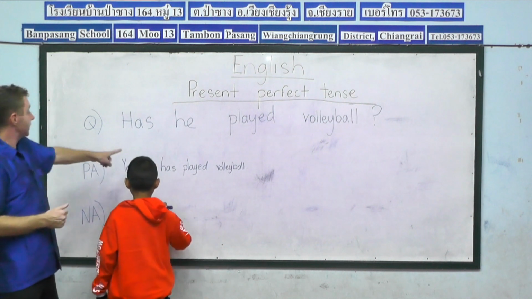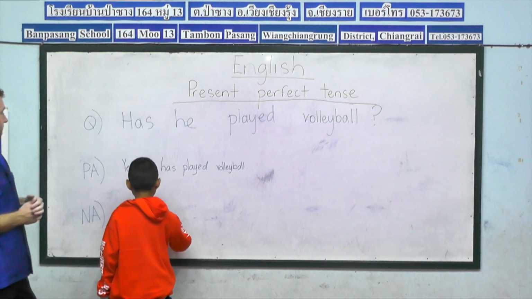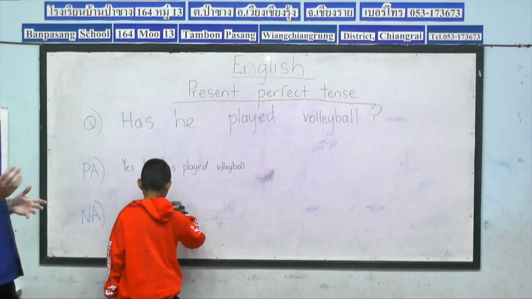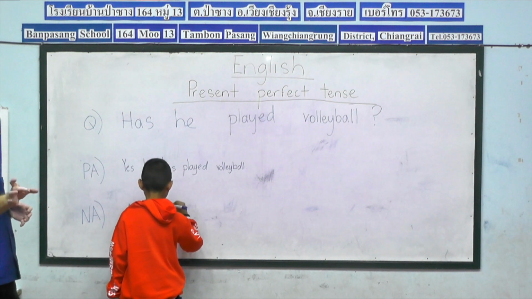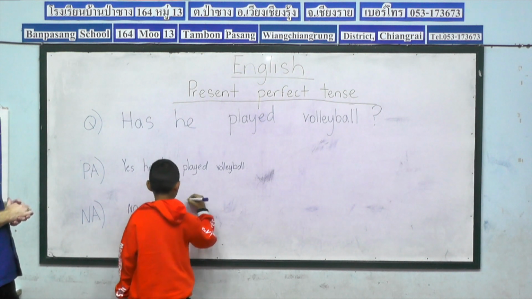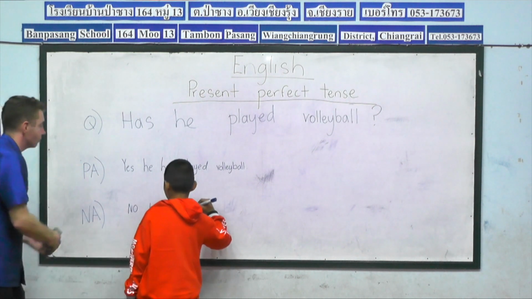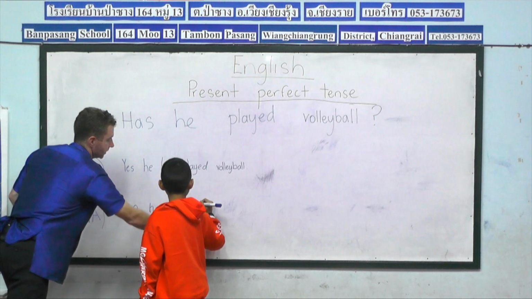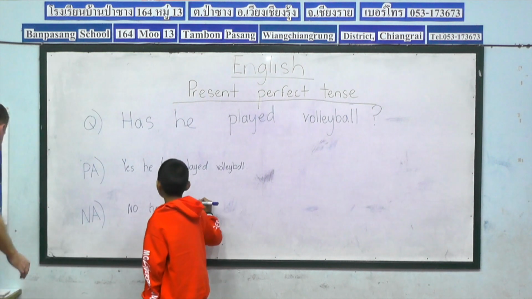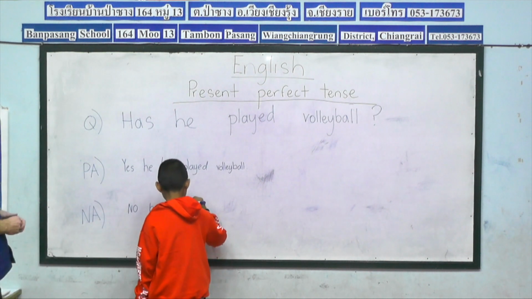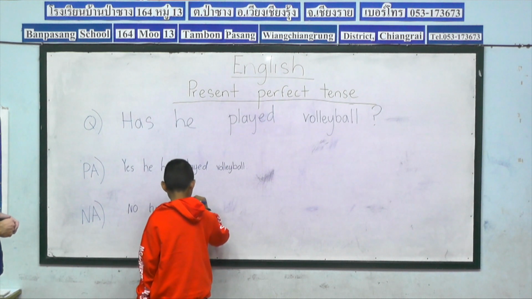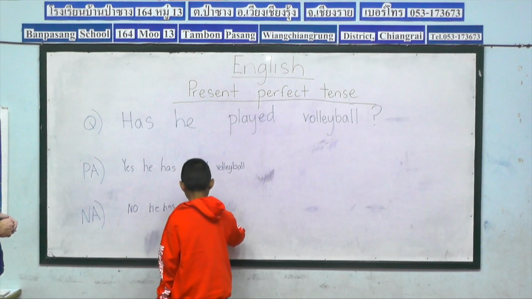N-O, and then he has. Perfect. All we do is we add the word not before the verb. He has not. N-O. He has not. Don't forget, Bangpon. For the negative, we need not. N-O-T. He has not played.